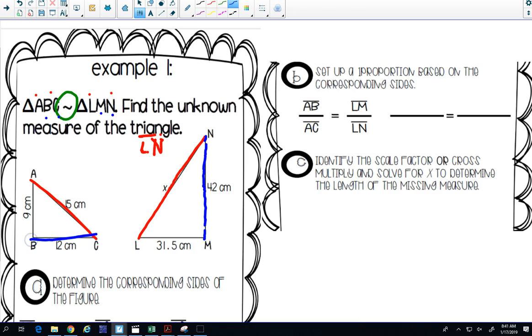So those 2 correspond as well. Now you notice we have a third side. Do I need to do anything with the third side? I don't. I could have picked the third side of each instead, but I chose the 42 and the 12, so I don't need to do anything else with those numbers, because to form a proportion you need 3 numbers and then a variable when we're trying to solve a proportion.